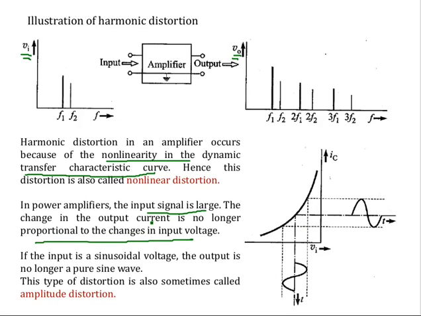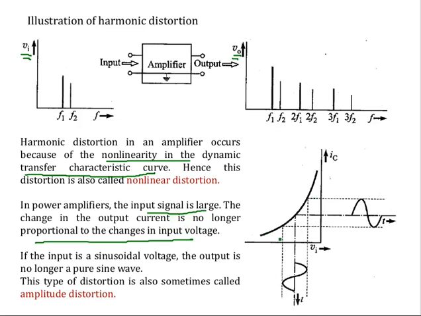In a simple small signal amplifier, the operation of the amplifier is in the linear range of the characteristics of the transistor. But in power amplifiers, since the signal is large, it may go to the non-linear region of the characteristic as well.